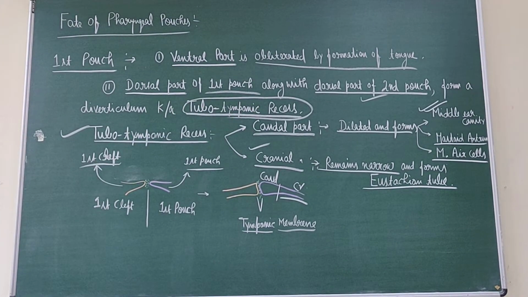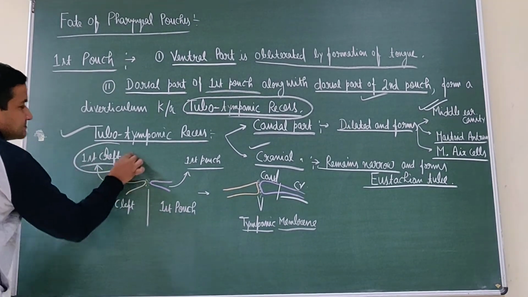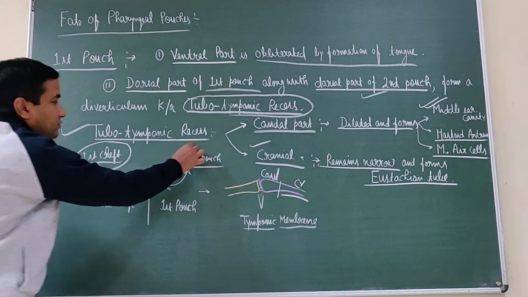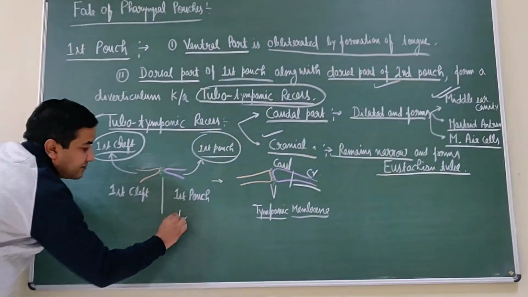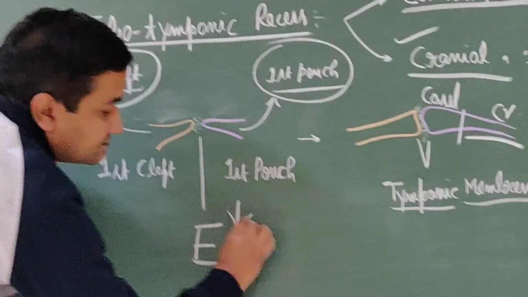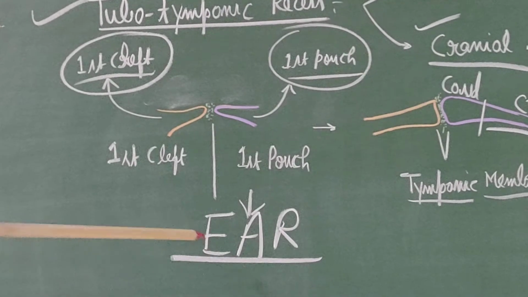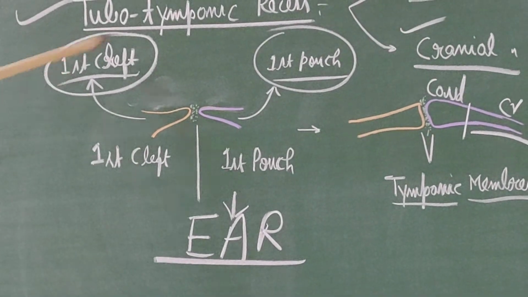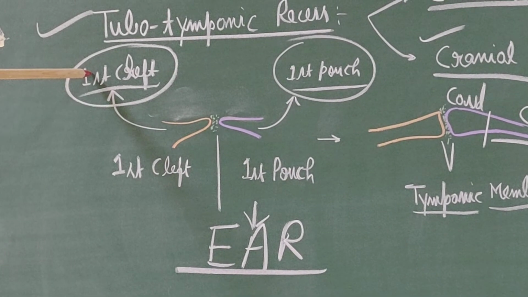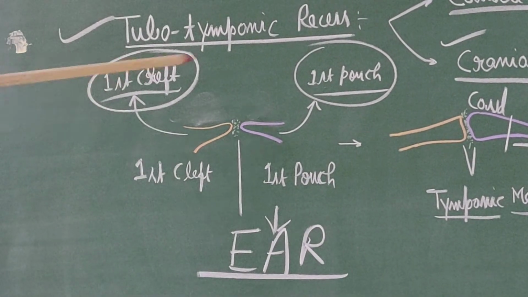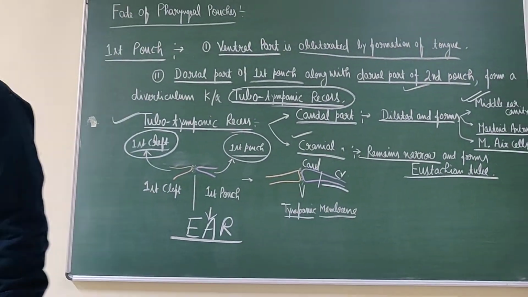In brief, the first cleft and the first pouch participate in the formation of the ear. The first cleft forms the external auditory meatus, while the first pouch forms these structures.